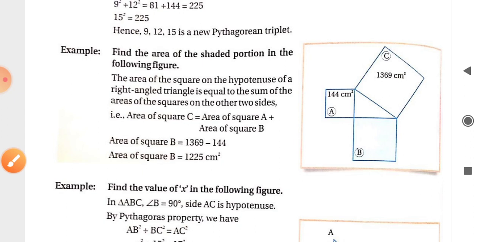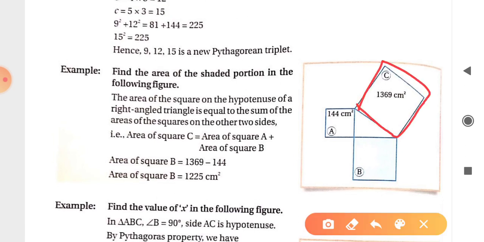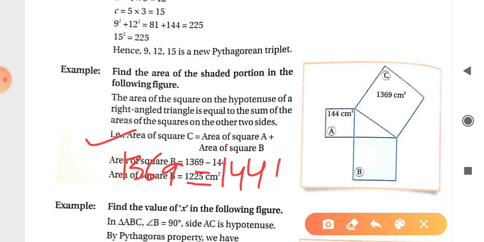The square formed on the hypotenuse is C. So the area of square C is equal to the sum of the areas of squares A and B. Area of square C is 1369, so 1369 is equal to the area of square A, which is 144, plus the area of square B.